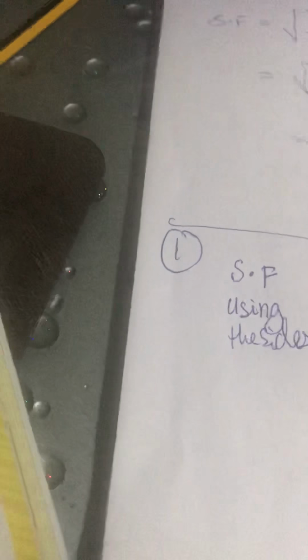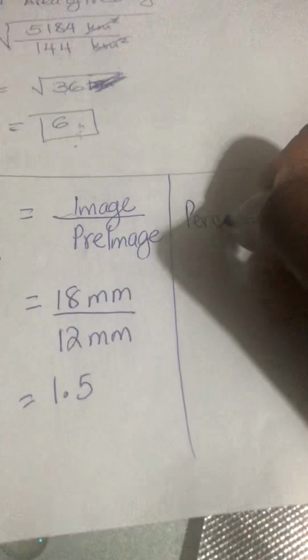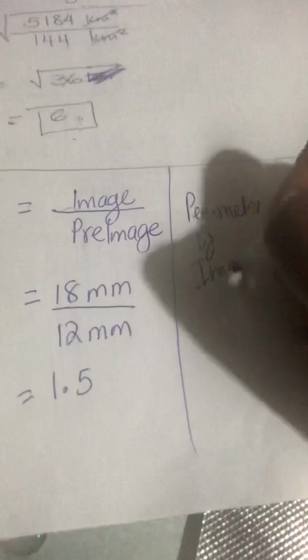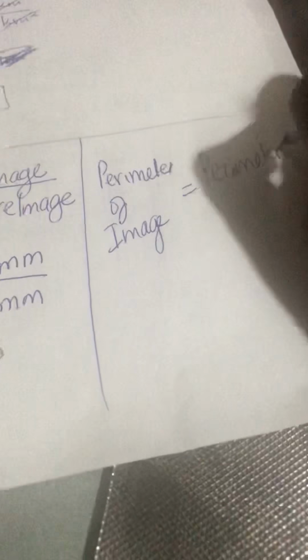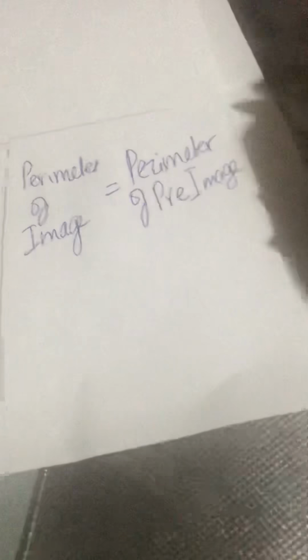So then I would say perimeter of image equals perimeter of pre-image, and I will multiply by the scale factor.